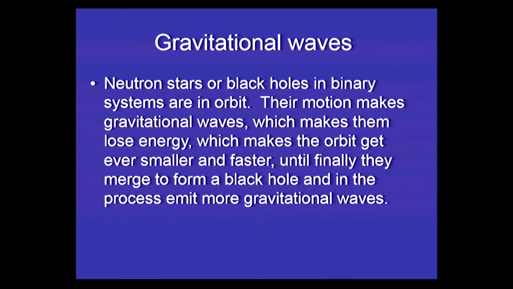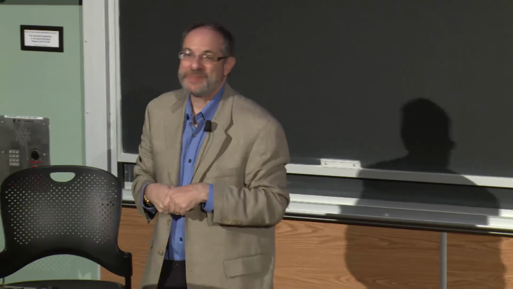Okay, so now we know how you get these enormously compact objects. So from the gravitational collapse of very massive stars, you make some neutron stars, you make some black holes. Now, as Professor Adams was reminding me, most massive stars are in binary systems.